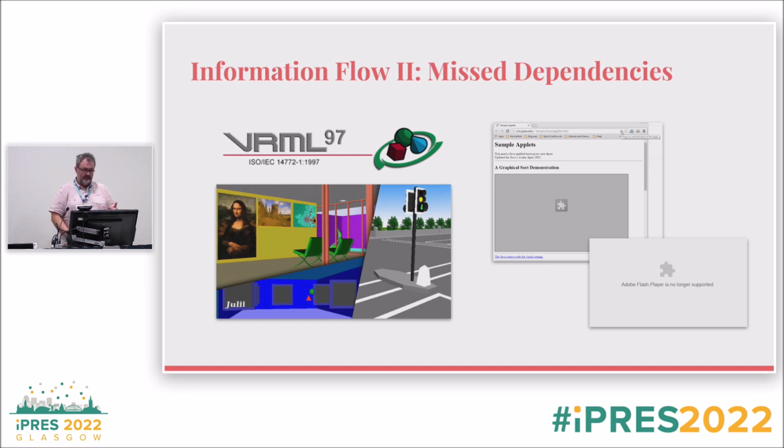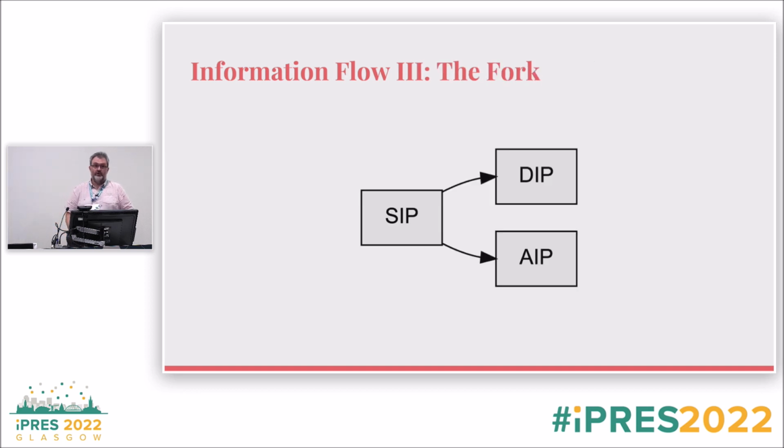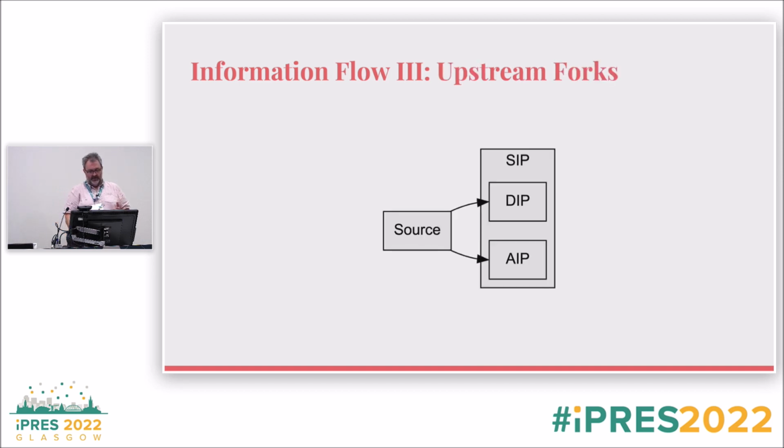And then there's one more pattern I'd like to describe, which is the fork. So this is where, unlike the kind of OAIS prescription, you actually generate the access version and the archival version from the original submission information package before it gets to your store. And this is actually quite common. So one context I've seen this happen is upstream forks.